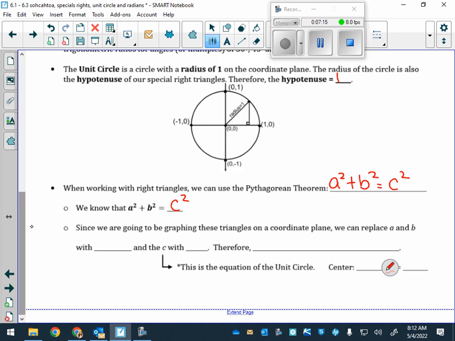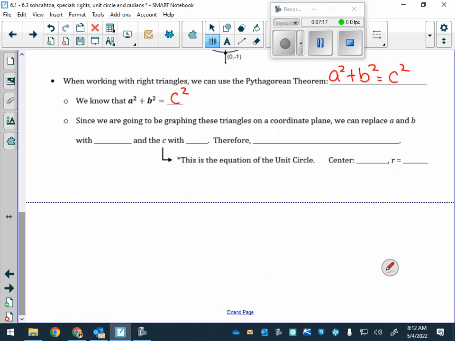But now, since we're graphing these triangles on the coordinate plane, on the XY plane, we are replacing A and B with X and Y, and C with your radius. So therefore, our equation is going to change a little bit. X squared plus Y squared equals R squared.